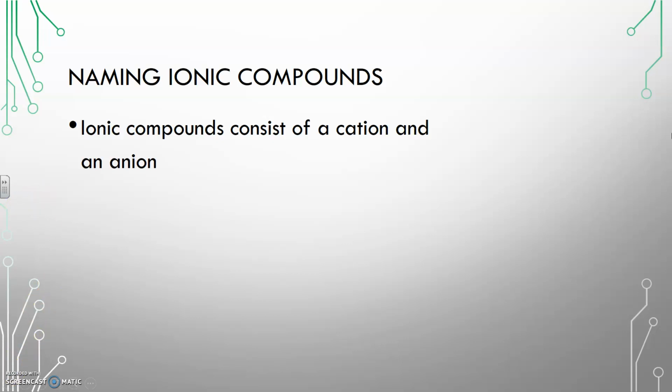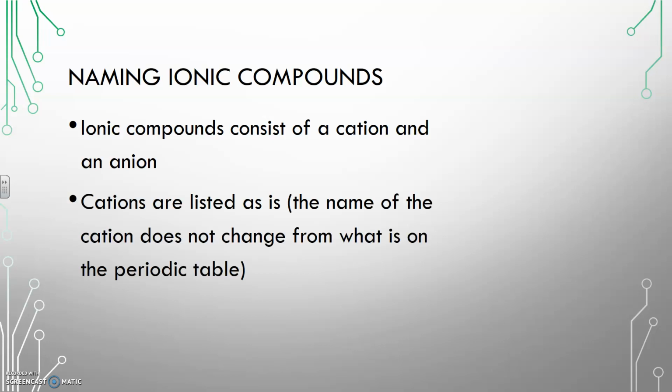The reason that you have one from the red, one from the blue is that ionic compounds have to have a cation and an anion in order to be complete compounds, in order to be stable. So whenever you're naming these ionic compounds, you're always going to list the cation first. The cation name does not change from what's on the periodic table.